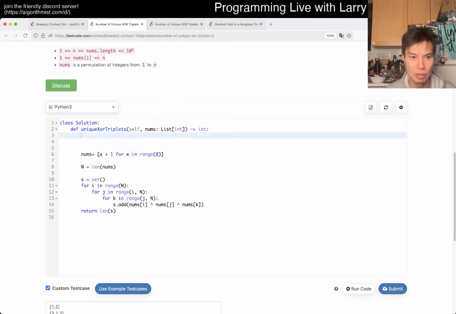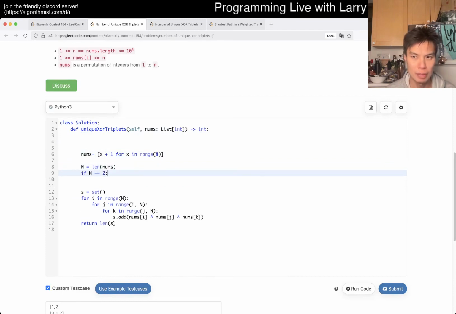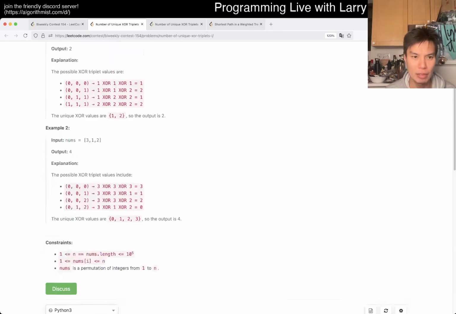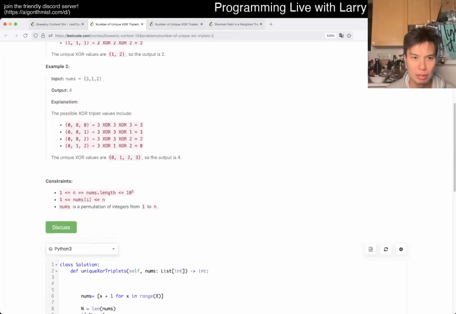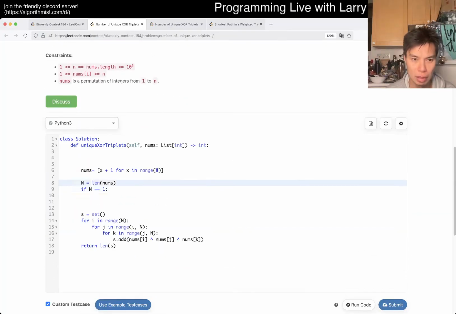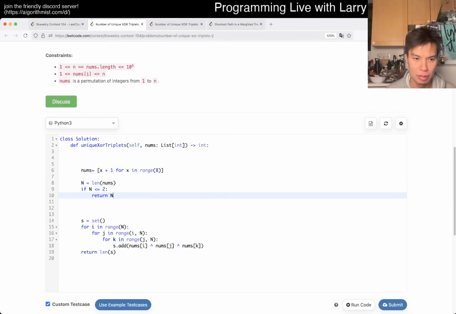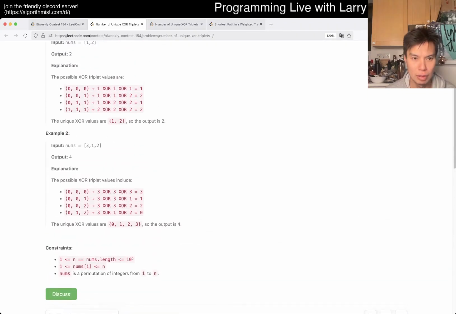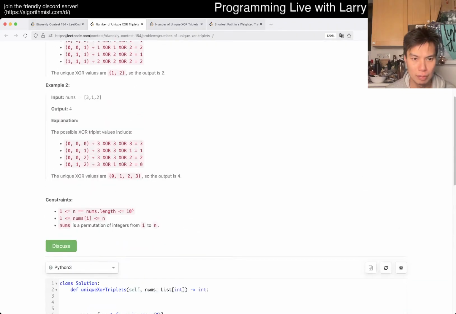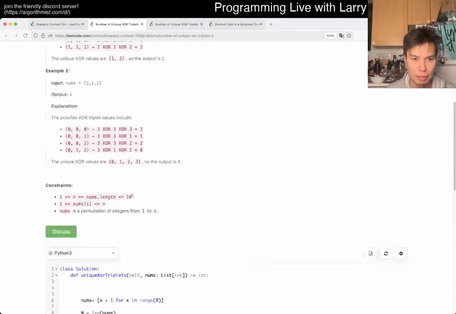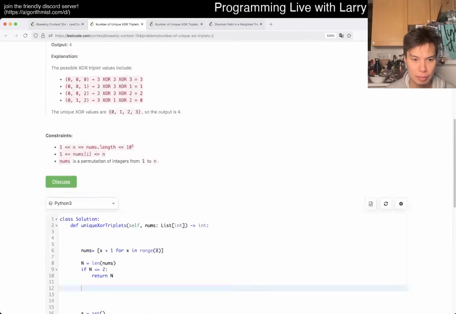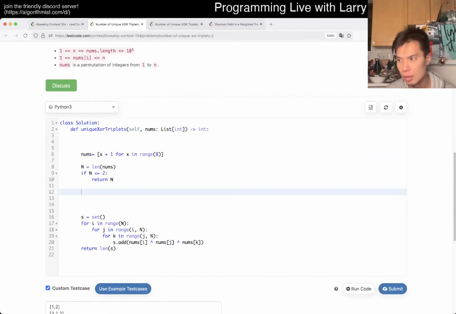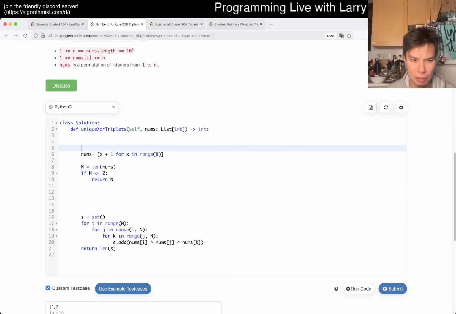So if n is equal to 1, then you just have 1. Otherwise, you return the next power of 2 or something, right?